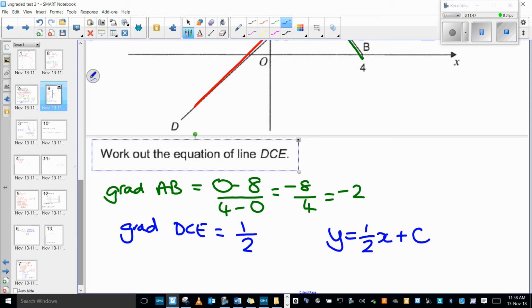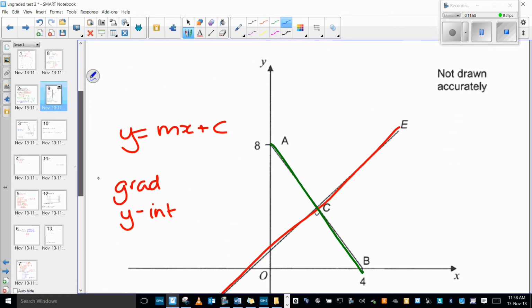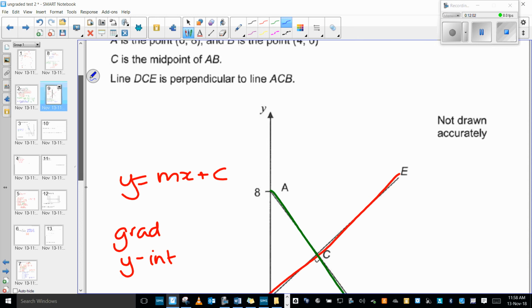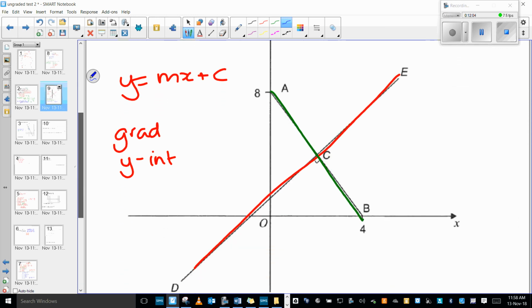How do we find c, Amelia? Plug in the numbers of the coordinate. Which coordinate are we going to plug in though? Whichever one you want. Do we have any coordinates on the line DC? No, not yet. So we don't know any coordinates on that line.